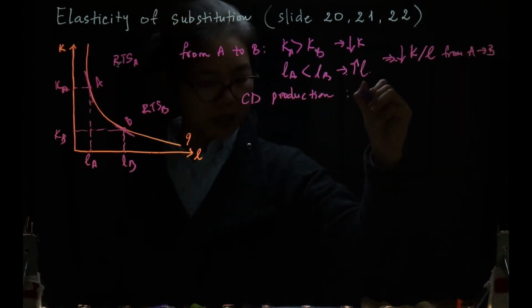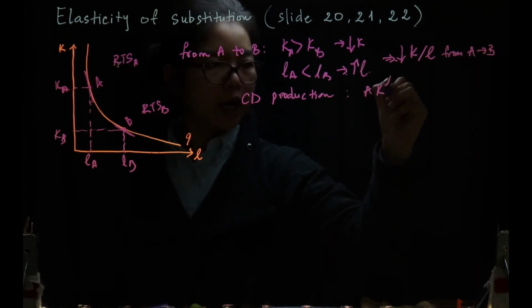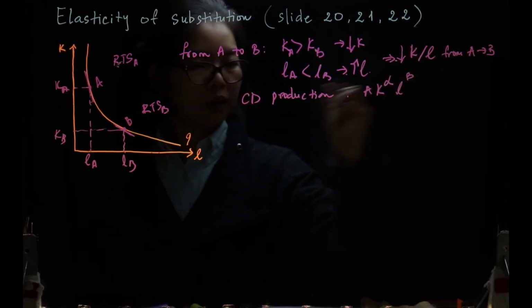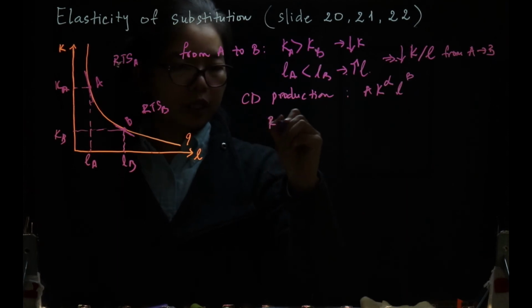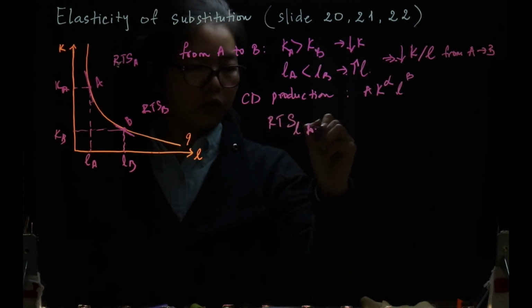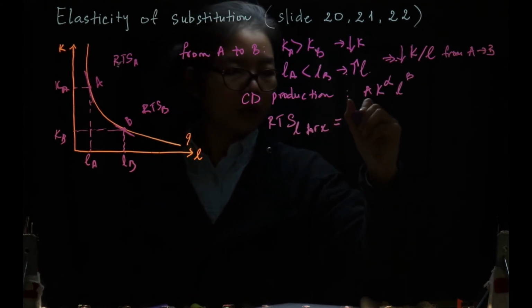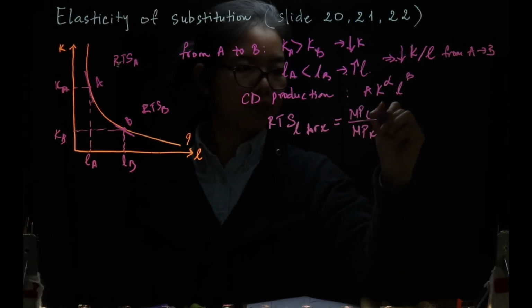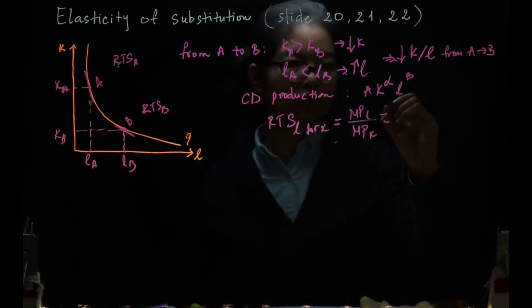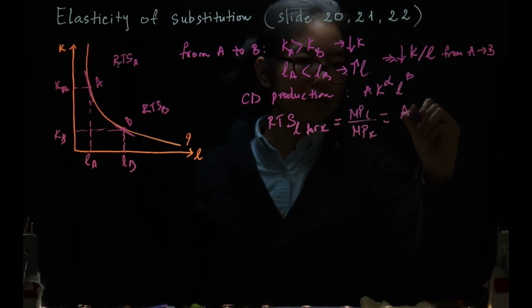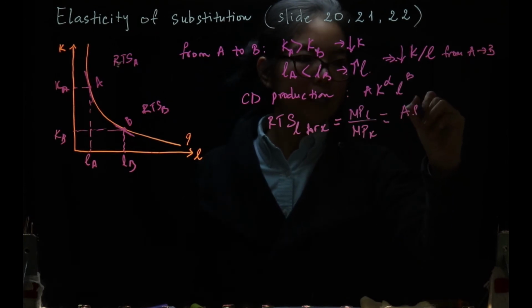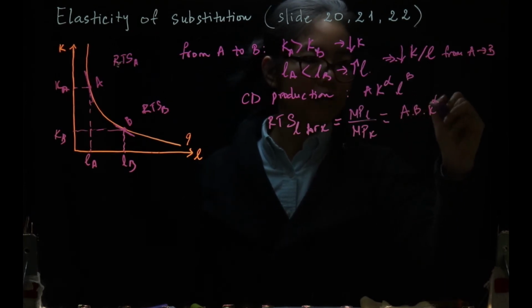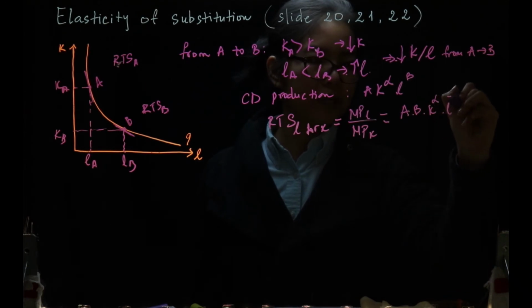So we have again A, K alpha, L beta. Do it really quickly. RTS of L for K equals MPL over MPK equals, I take the derivative directly here now, A times beta times K to the power alpha times L to the power beta minus 1.